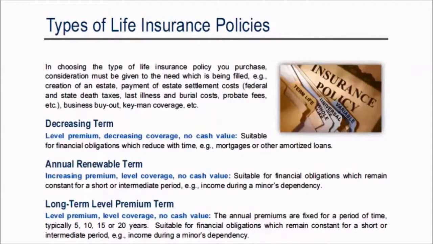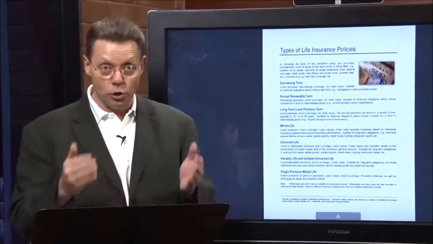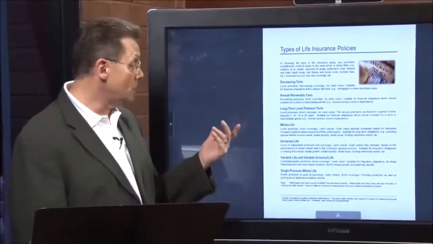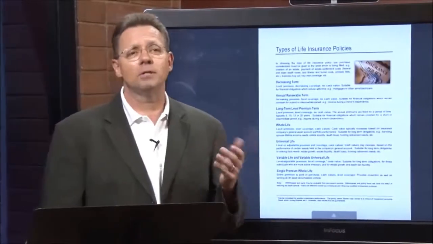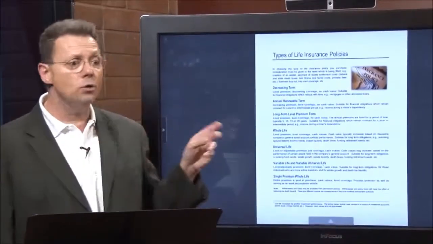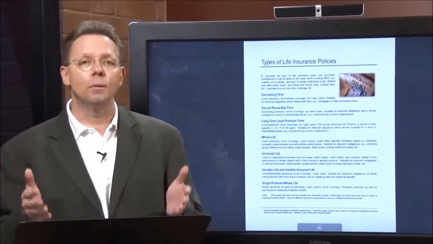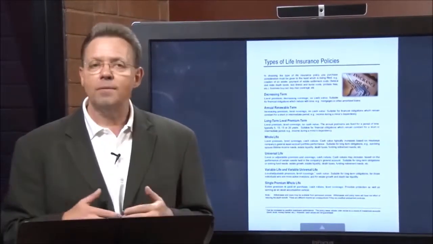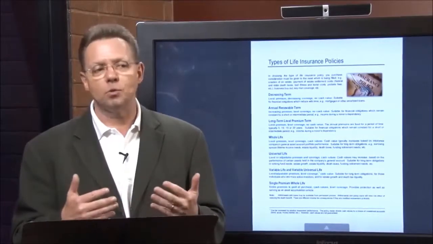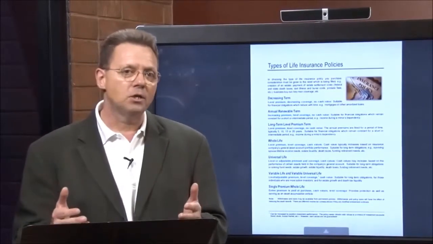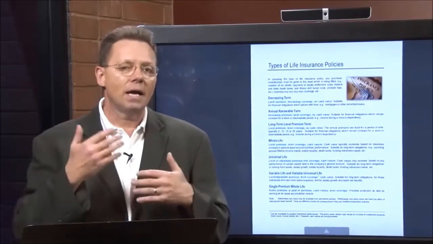So annual renewable term, there are companies still selling ART out there, annual renewable term. And so sometimes you say, I just need it for a couple of years. In fact, actually the last time I used this, we went to a client because of the 3-year rule based on estate planning. And we didn't want to have any problems with ownership issues because the 36-month clock, again, we're going to have to get into that.